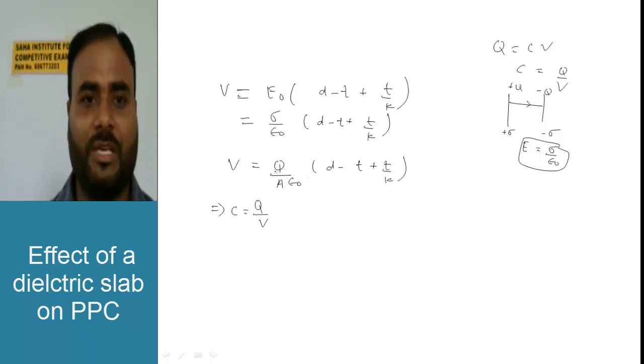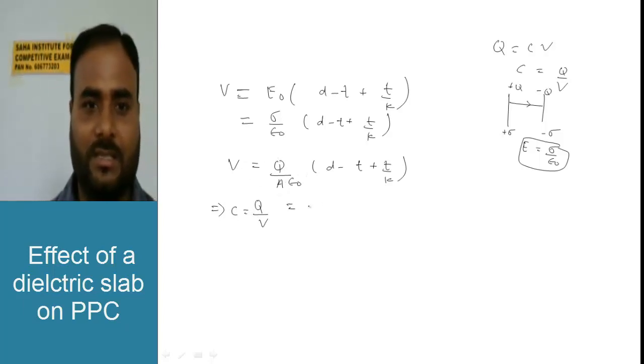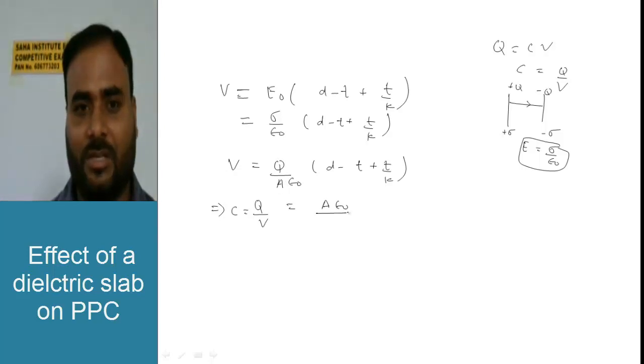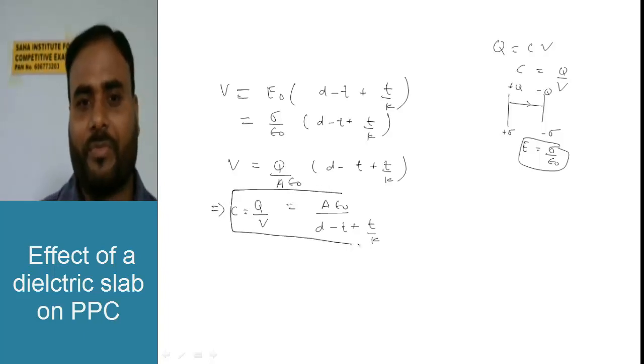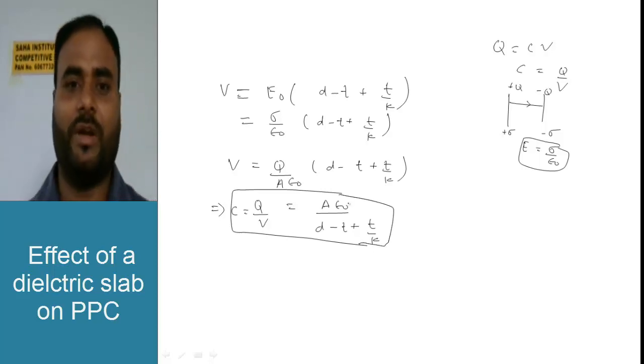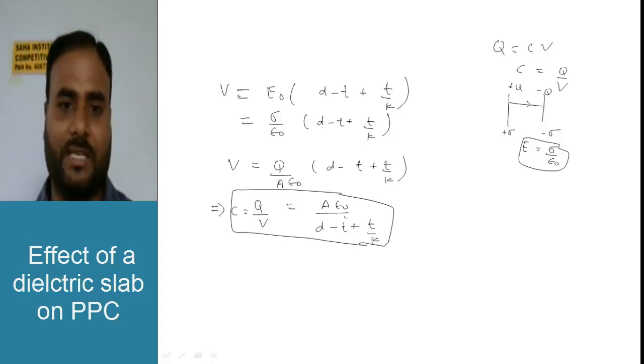This term will go that side, so it will become A epsilon naught over D minus T plus T over K.